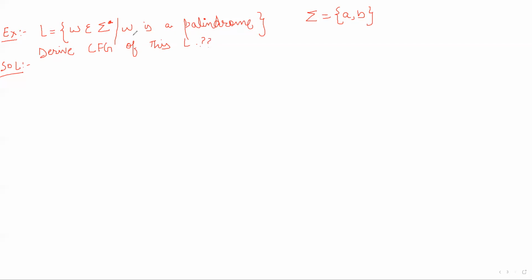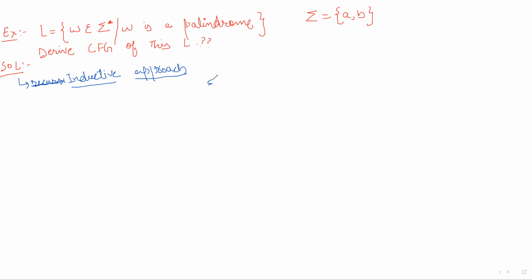Whenever you are given a problem like this, you have to use an inductive approach. In the inductive approach, you first have to find the base cases. Using a and b, what are the basic palindrome strings that you can generate?